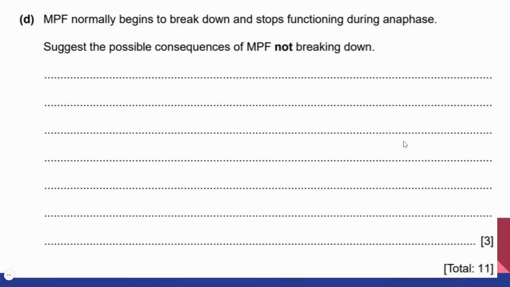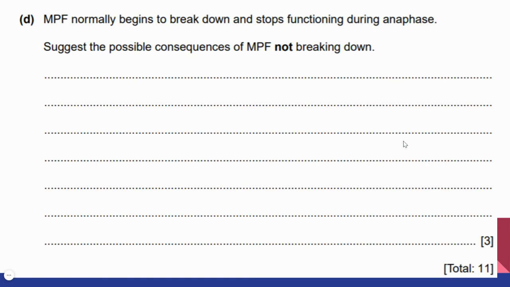Next question is, MPF normally begins to break down and stop functioning during anaphase. So in the beginning of the question they told us that MPF causes the cell to enter prophase. So it stimulates the cell to enter prophase. Now it is saying that normally by the time the cell reaches anaphase, the MPF in the cell starts to break down.